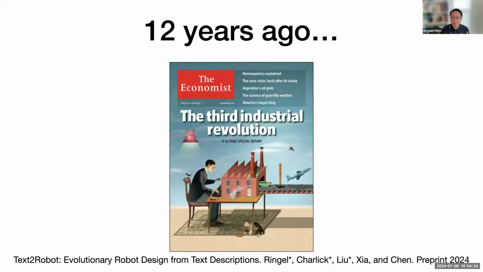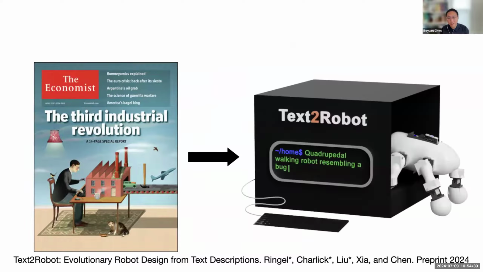Most things are still done manually, and it requires years of training for people to get ready on a certain part of the workflow. You need a team of people, and it requires several months, even years, to develop a working machine. So the first project we did under the FunSci program aims to automate this process. Can we leverage foundation models, with only text prompts from humans, to generate the entire physical functioning machine?